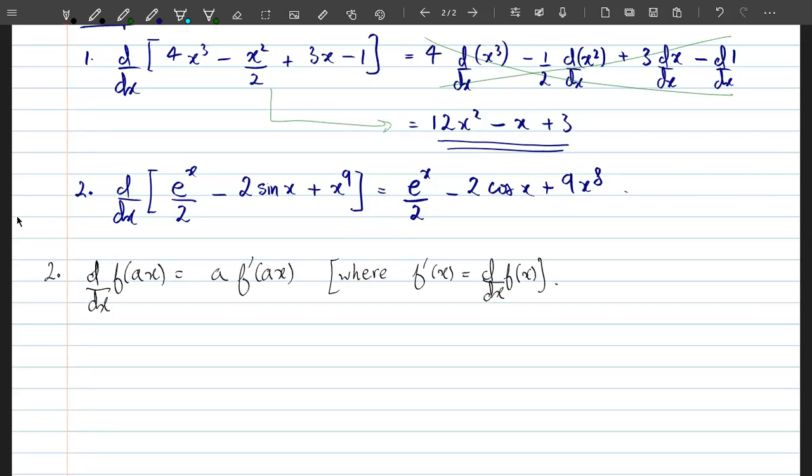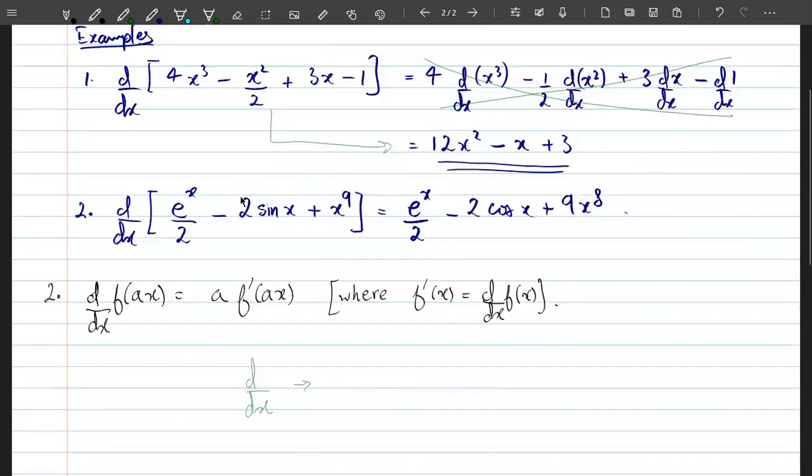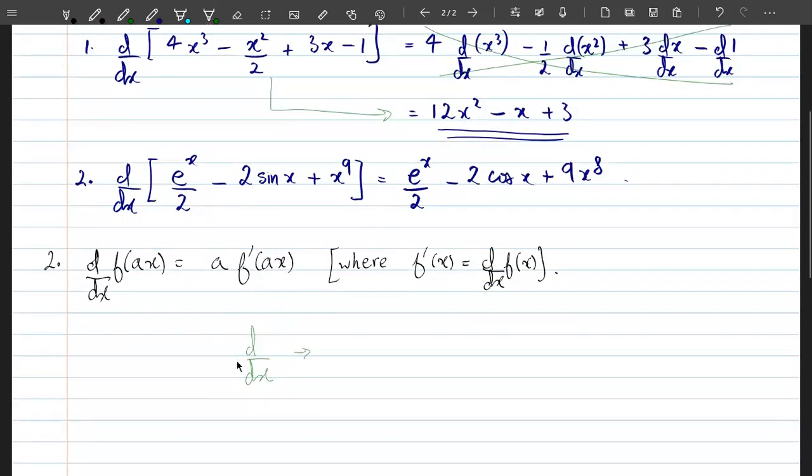Here you need to understand something about the notation and about differentiation in general. When we write d by dx, this is an operator. I mentioned operators when I discussed linearity. So this is an operator, which means it takes a function as input and gives another function as output.